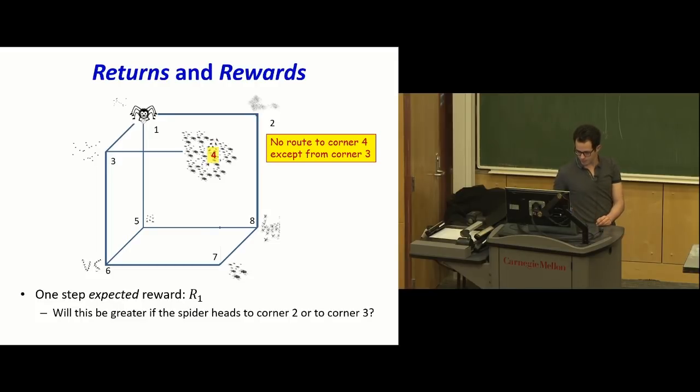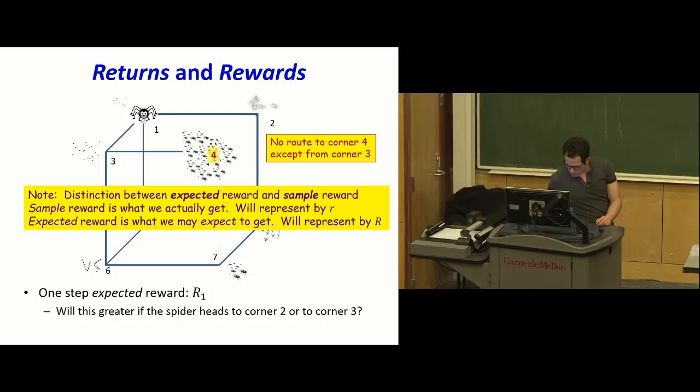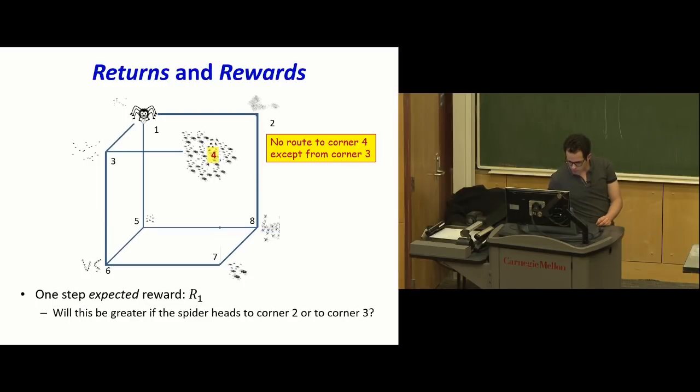Will it be 2 or will it be 3? Probably 2 here if you're looking just at the rewards, because there seems to be a bunch of flies over there. But that doesn't mean that's what you should do, right?